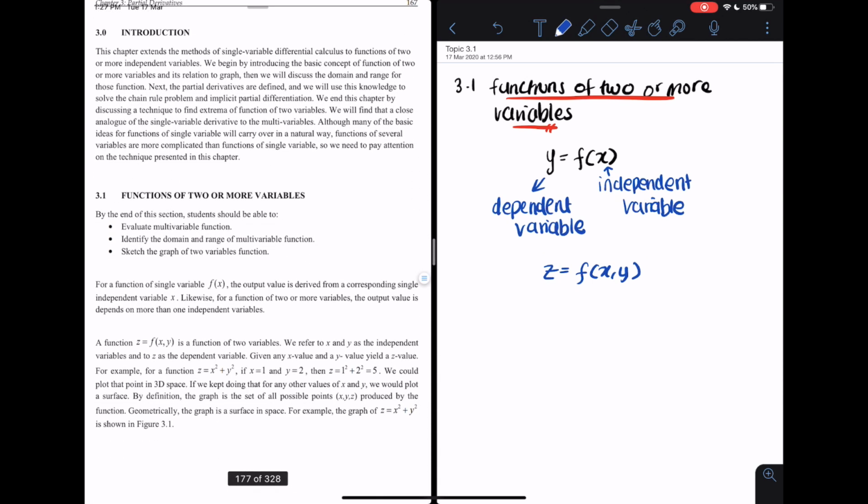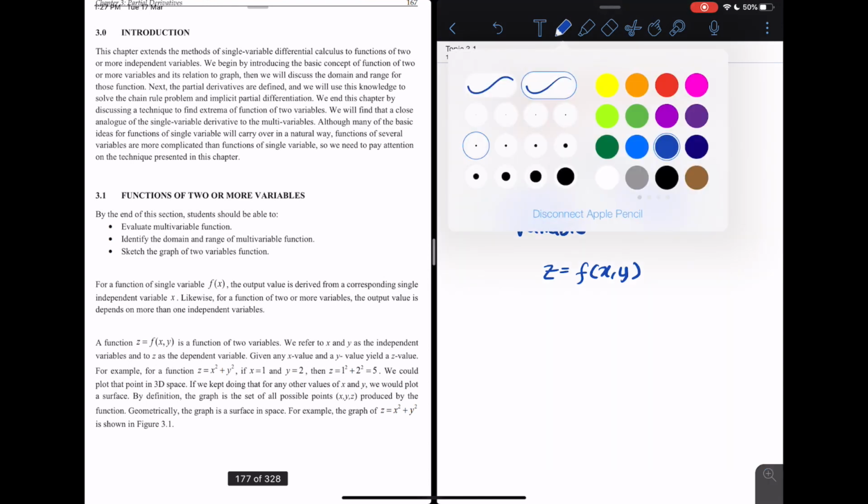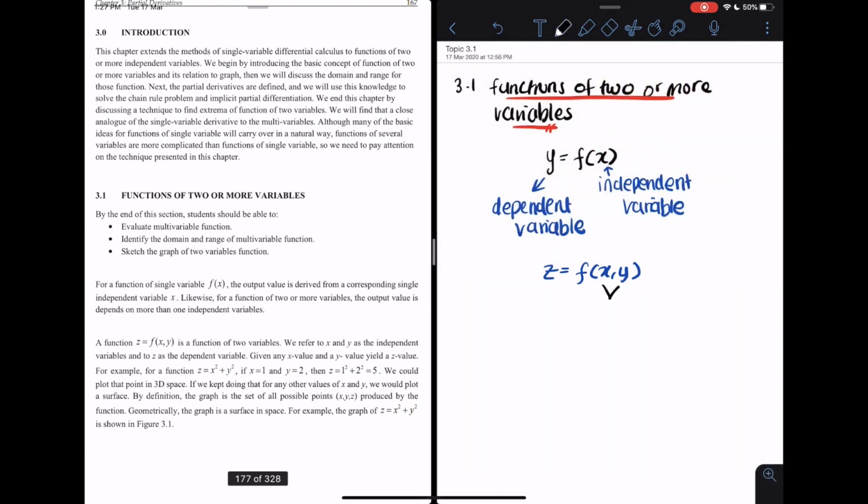Now, we would like to focus on topic 3.1, which is function of two or more variables. Before I proceed with the explanation, when you have this expression for function of two variables, you will always call x and y as, again, independent variables.